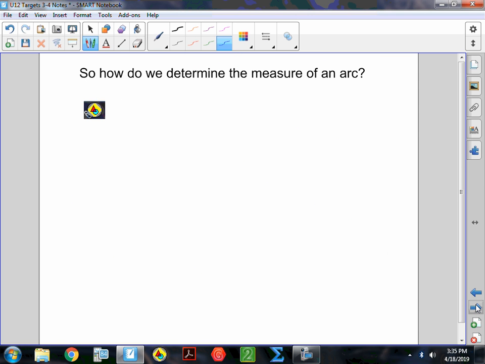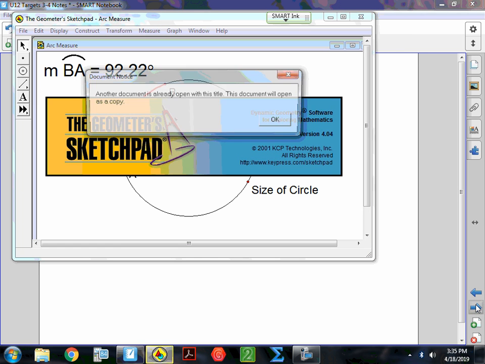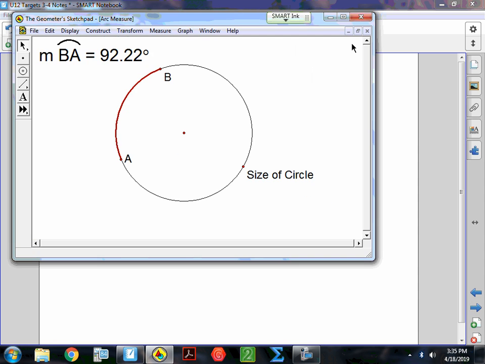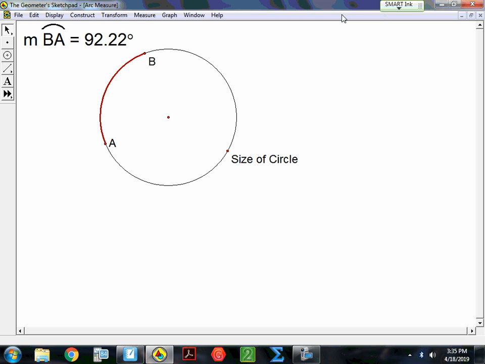So how do we find the measure of an arc? Well, what we can see is that the measure of an arc is going to be the same as the measure of a central angle. So here's a measure of an arc. As I change my arc, A and B, my angle changes. That measure is 100.75 right now.